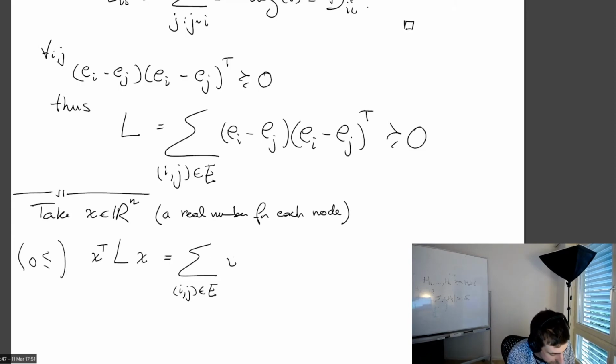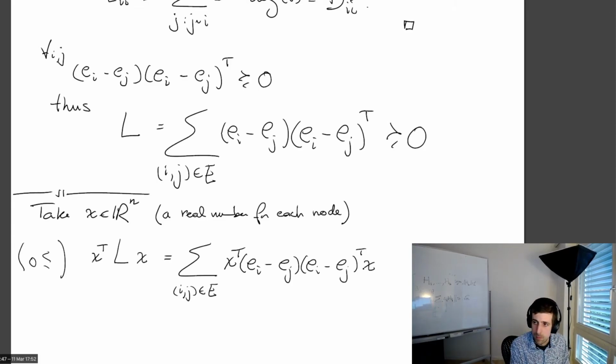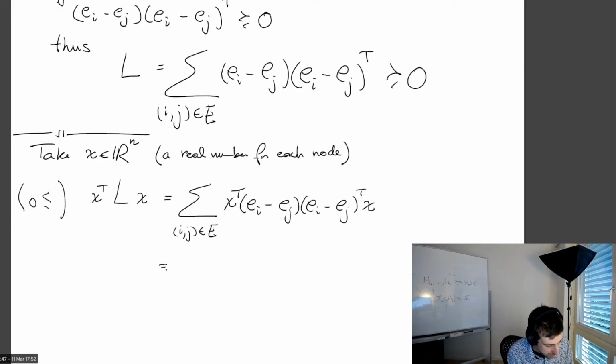I can move the x transpose inside. But what is this? This is just a number. This is also just a number, the same number. So it's just that number squared.